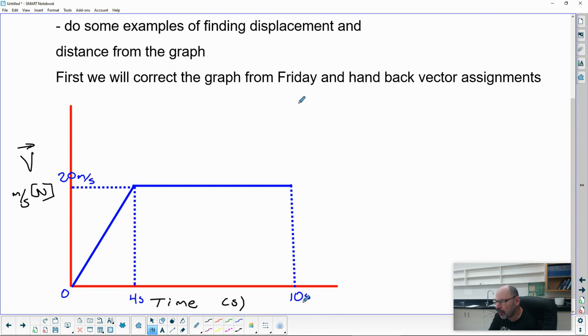Okay. If we do the slope, this equals rise over run. So let's just do the slope of this rising section. We'll call it section A here.